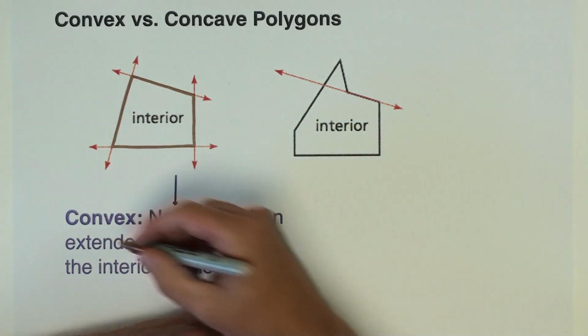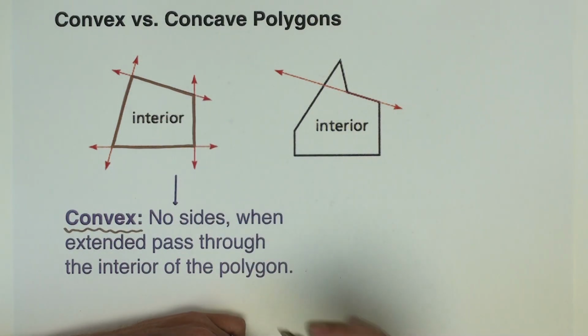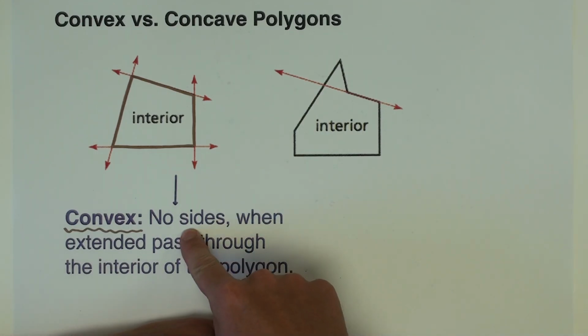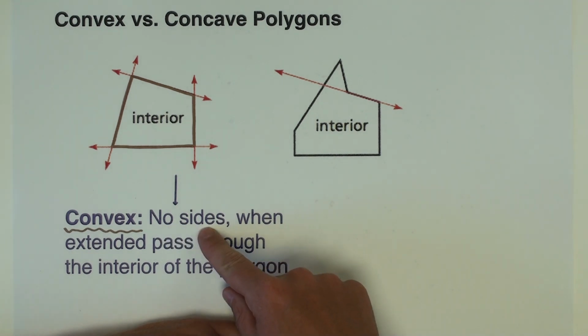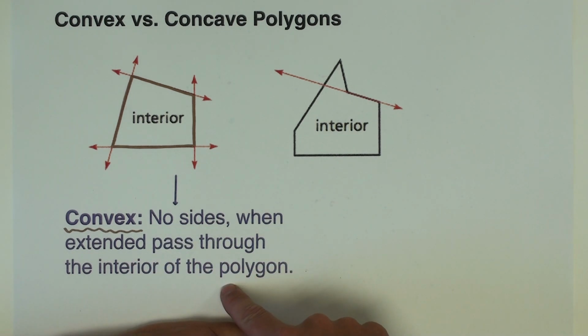And a convex polygon, which is what I just traced out right here. The definition of convex is that none of the sides of the polygon, when extended, are going to pass through the interior of the polygon, okay? So you see that with the red lines already.